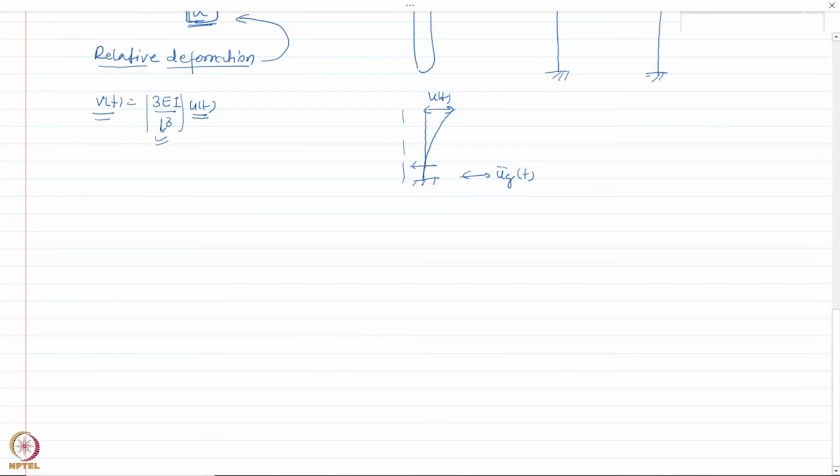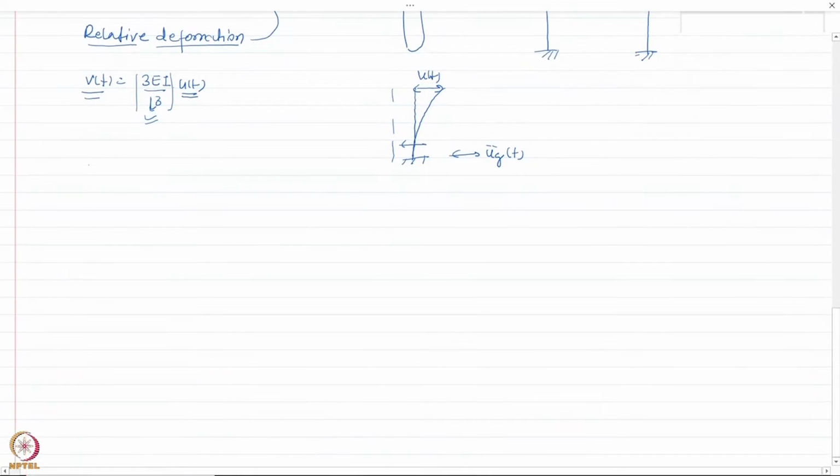Let us see how we do that. Now I have already written down an alternative form of the equation of motion. We said that our equation of motion can be written like this, plus omega n square u(t) equal to negative of ground acceleration.